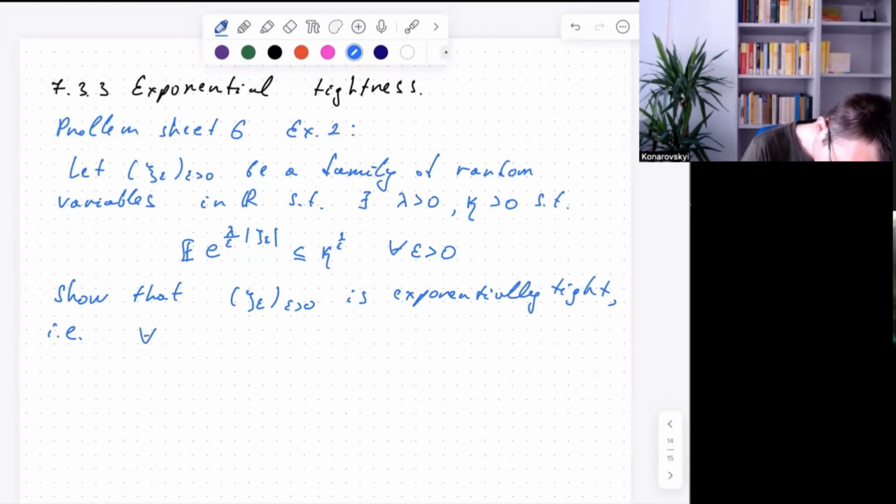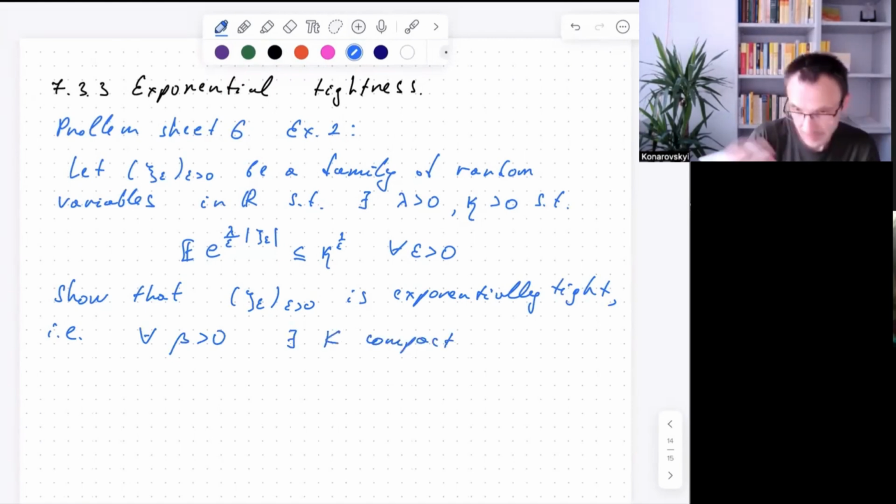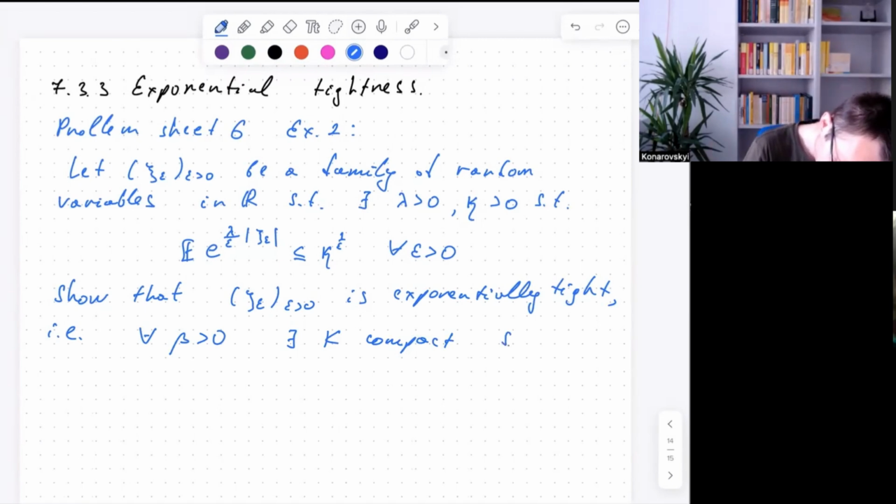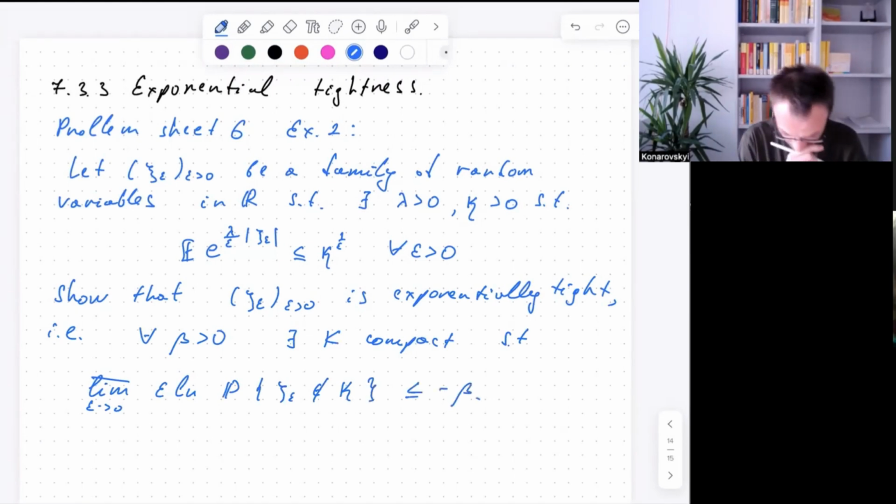It means that for every beta positive, there exists a compact K in the space in which you formulate the large deviation principle, such that the limsup of epsilon logarithm of the probability that psi epsilon does not belong to that compact K is less or equal than minus beta.